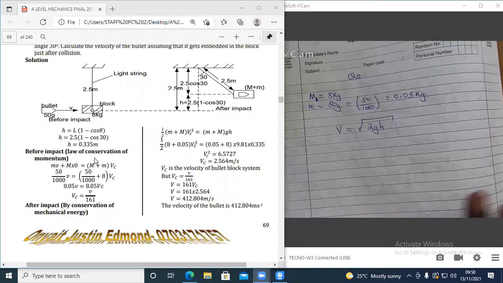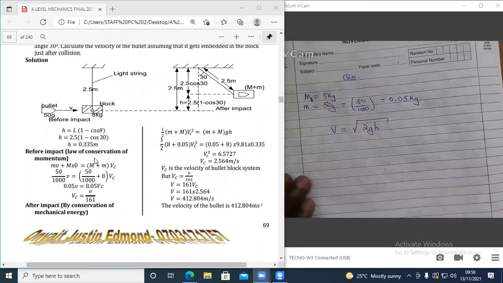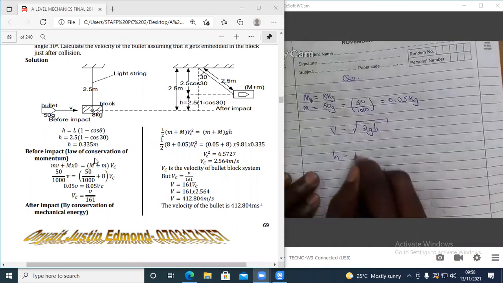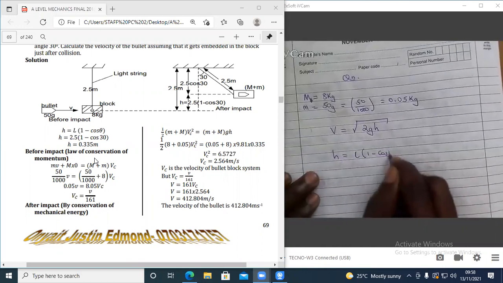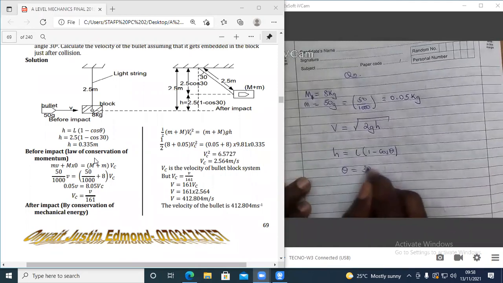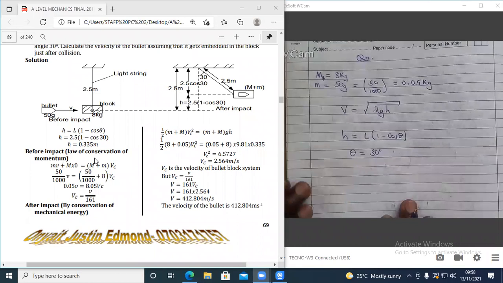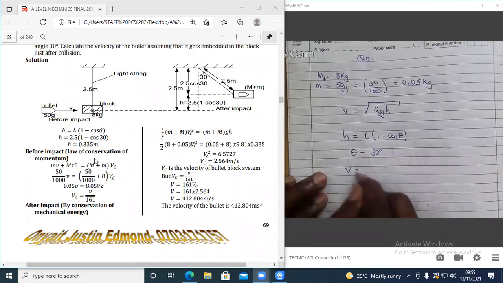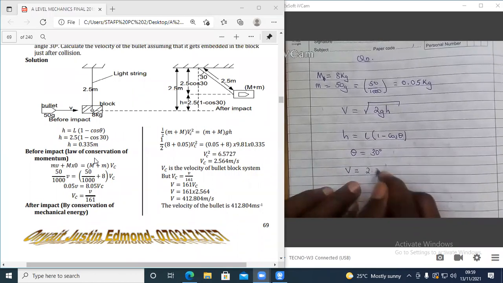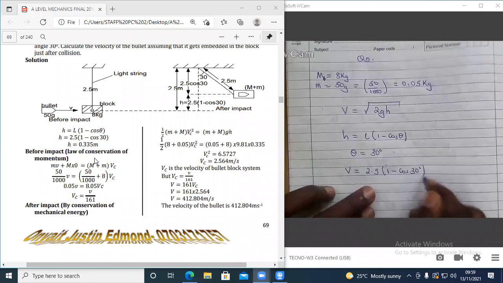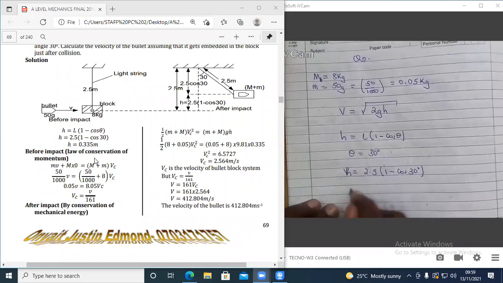So you can get the height. We know how to get the height. We say the height is given by h equals L into 1 minus cos theta. The angle was given, so theta was given to be 30 degrees. So our height will be equal to the length, which was given to be 2.5 meters, into 1 minus cos of 30 degrees.